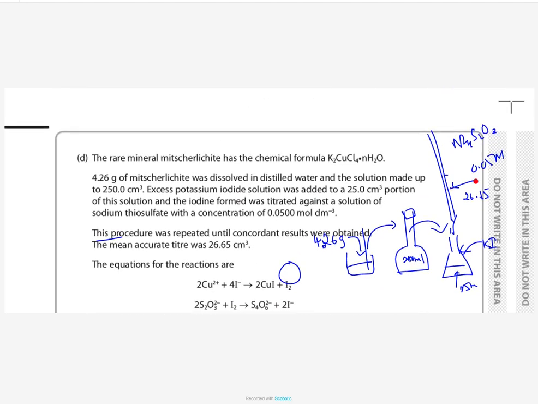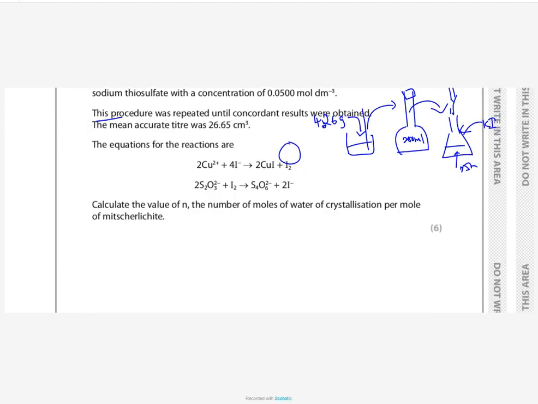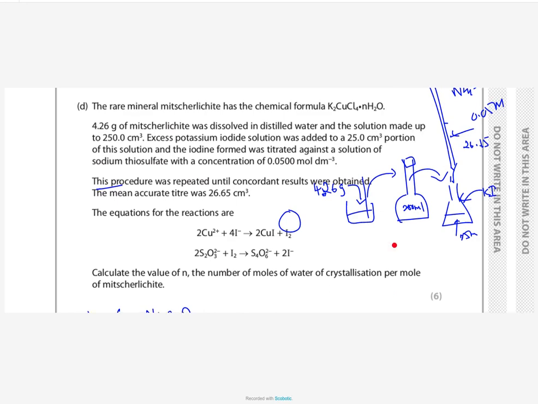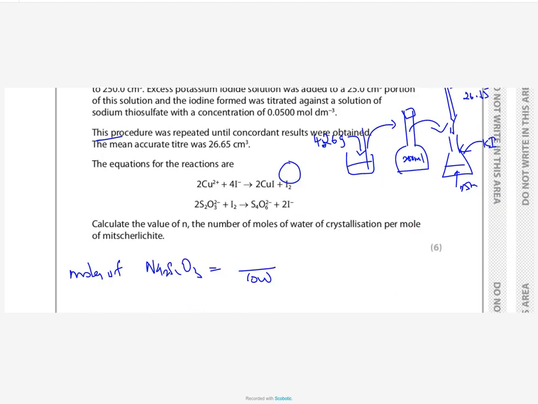Now see, let us start from sodium thiosulfate. You find the number of moles of sodium thiosulfate. n equals CV. 1000 contains, what's the concentration? 0.05. And 26.65 contains how much? 1.3325 times 10 to the power minus 3.